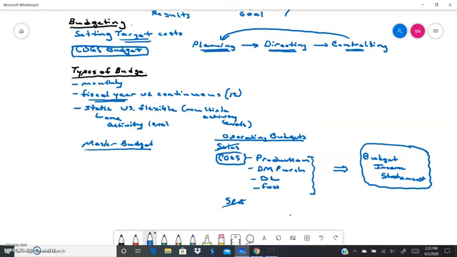And then the next chapter is really going to be looking at direct materials, direct labor, and factory overhead, measuring each of those relative to the targets that we've set up. So we'll deal with that in the following chapter.